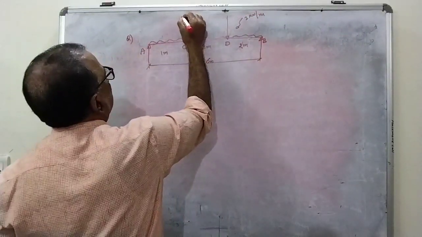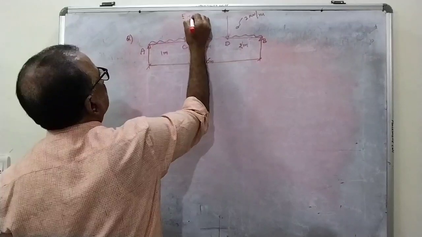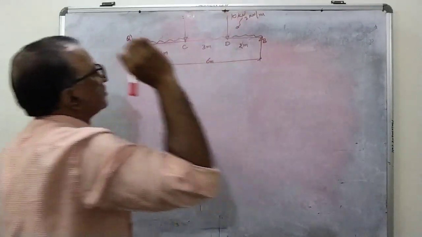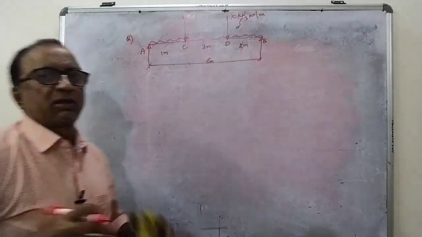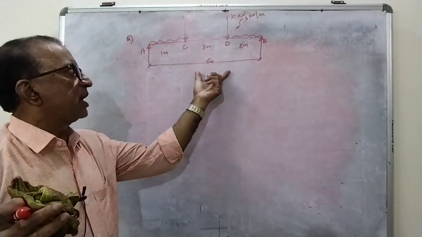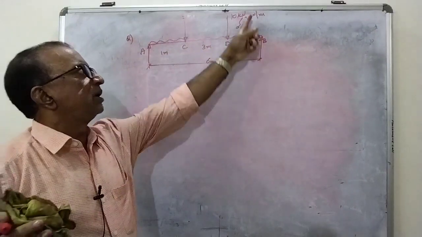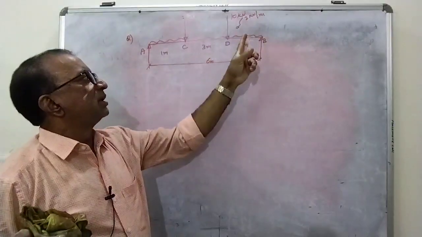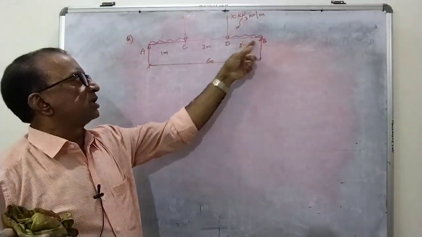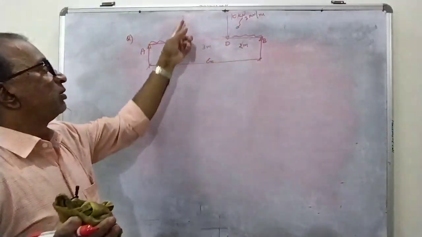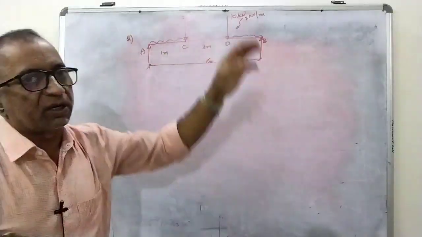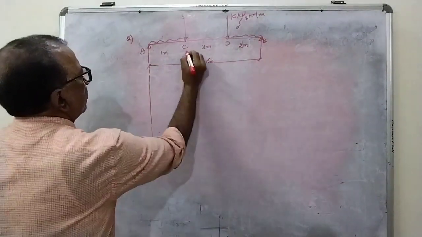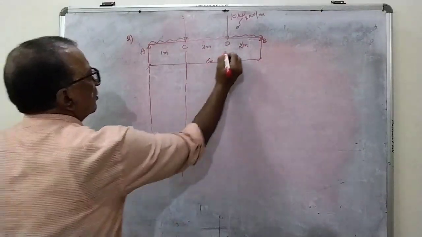Here it is 5 kilonewtons. This is a 10 kilonewton point load. Here the total beam is of 6 meter span acted upon by a UDL for the total span of 2 kilonewton per meter, and a point load of 10 kilonewtons at 2 meters from the right end, and a point load of 5 kilonewtons at 1 meter from the left end. And for this case, we are supposed to draw the shear force and bending moment diagram.